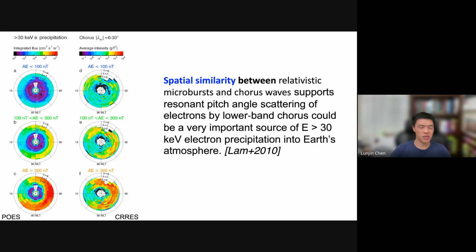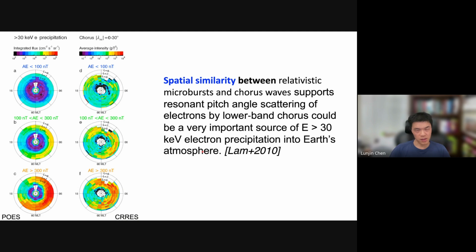And if you look at the spatial distribution, they tend to cover similar spatial regions, from pre-midnight all the way to the noon sector, and that is consistent with the electron transport path from the injection on the night side and then drift toward the dawn and then the noon along the magnetic gradient drift, before they decay away, and then you see a minimum at the dusk sector.